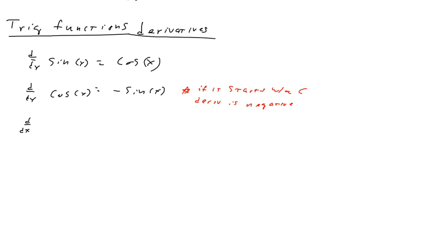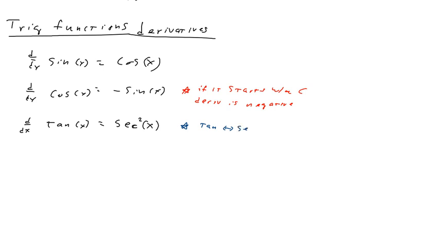Secant and tangent go together. The derivative of tangent is secant squared. So there's like connections that we're going to have with these trig derivatives. Tangent goes with secant. So this is all the basic ones, sine, cosine, tangent.